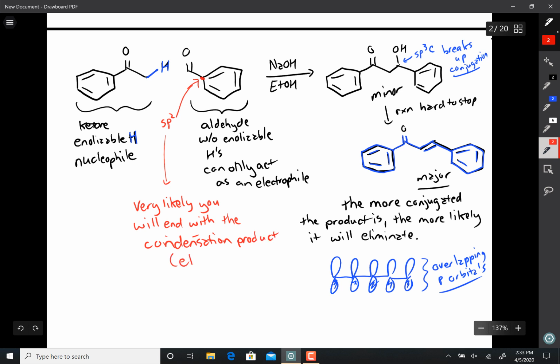I.e. the elimination product. Not the 3-hydroxycarbonyl.